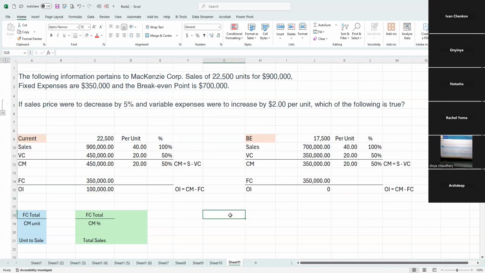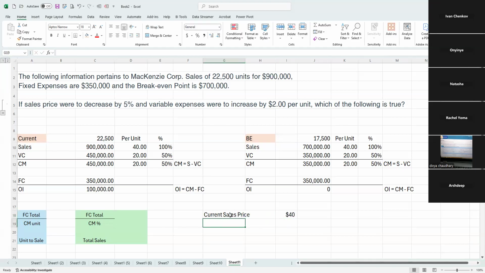If the sales price decreases by 5%, do I know my sales price at this point? My current sales price is how much? $40 per unit.